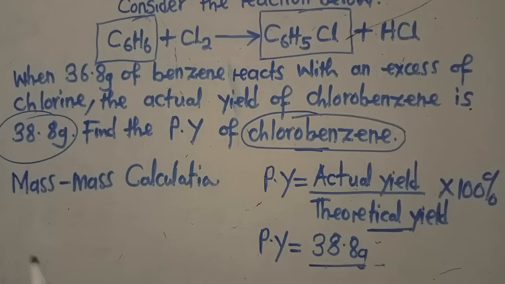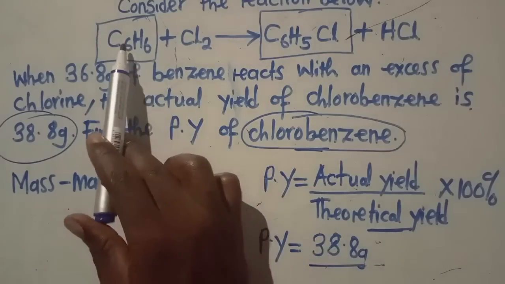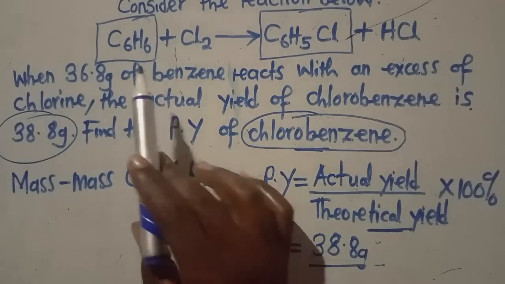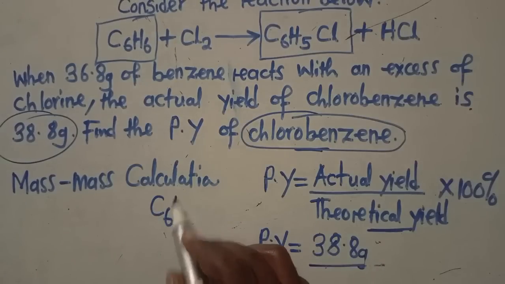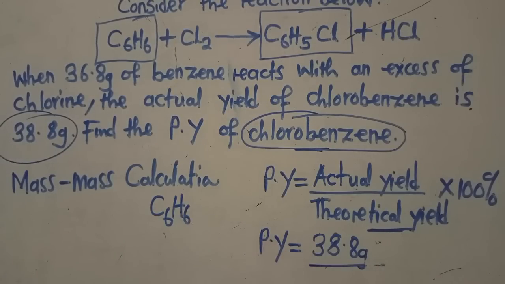So I say, okay, what I'm going to do, I find the mass of C6H6. What is the mass there? 6 multiplied by 1 is equal to 6.